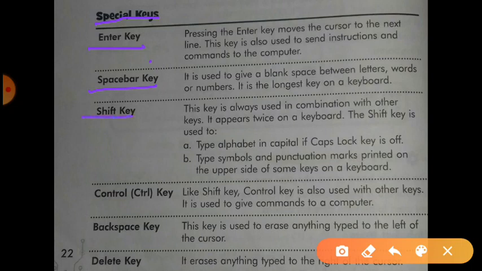Now the third special key is shift key. Dear students, this key is always used in combination with other keys. It appears twice on a keyboard. The shift key is used to type alphabet in capital if caps lock is off, and type symbol and punctuation mark printed on the upper side of some keys on a keyboard.